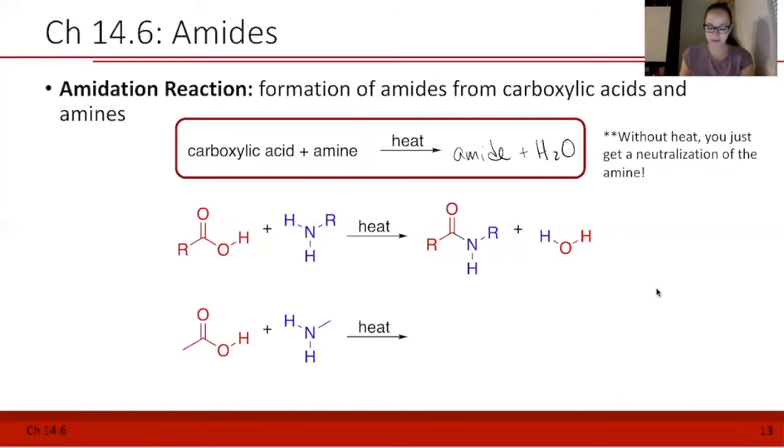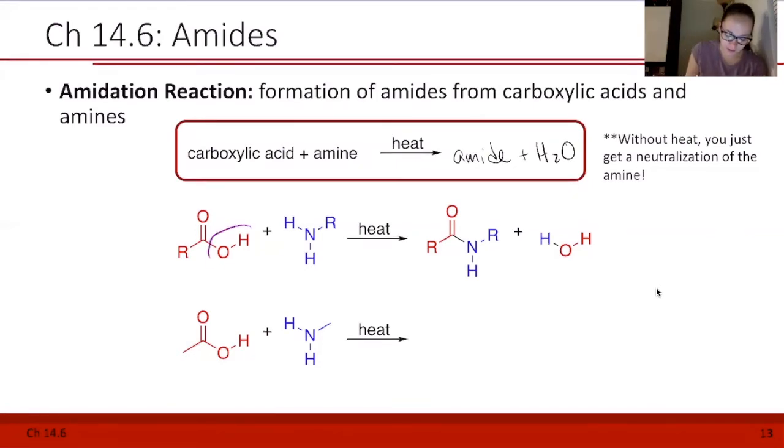Okay, so the general scheme is down here. It's pretty similar to an esterification reaction in that you're going to just swap parts with two different things. So the OH of the carboxylic acid is going to change places with two of the three things on nitrogen.